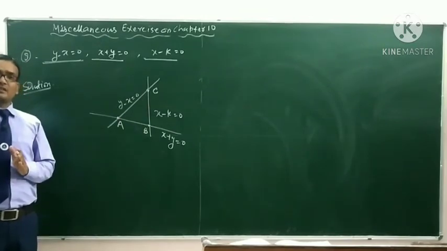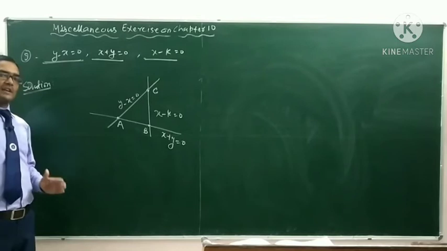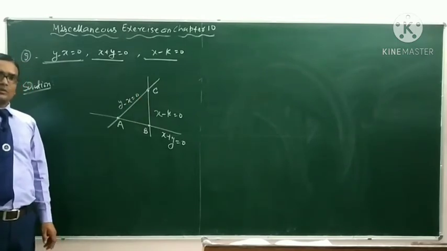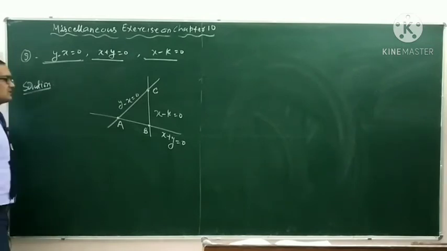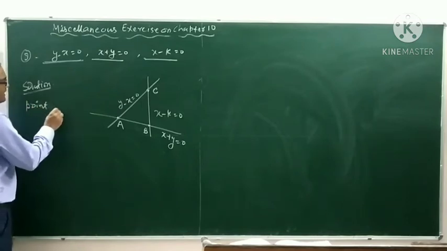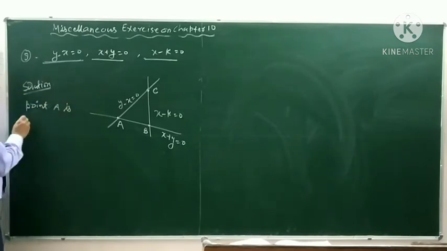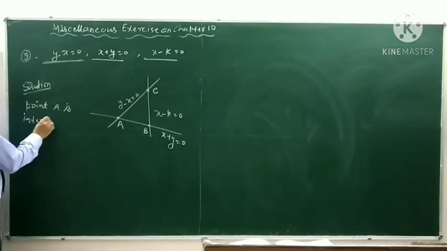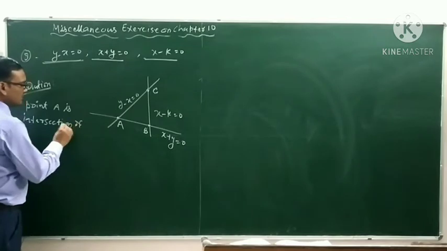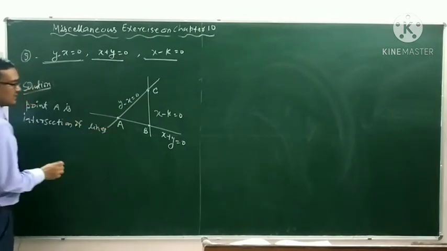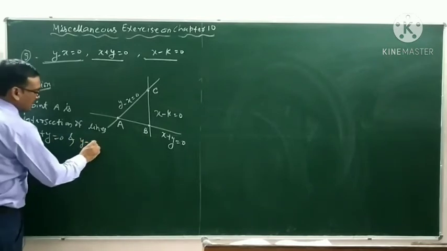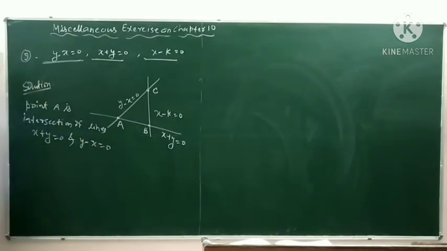First of all, we find the coordinates of the points A, B, C. Okay students, here point A is the intersection point of lines x plus y equal to 0 and y minus x equal to 0.